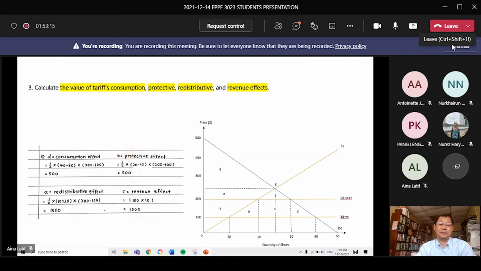So, in short, for a small country, welfare loss will definitely result because of the tariff. On the other hand, for a large country, lucky for you, I made just one question for this group, which is small country only.